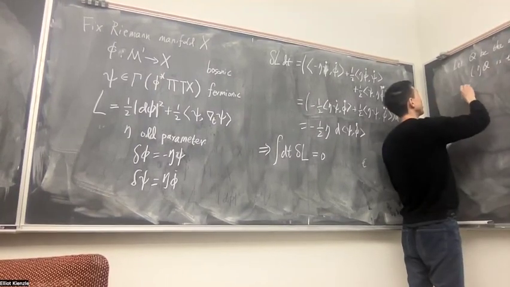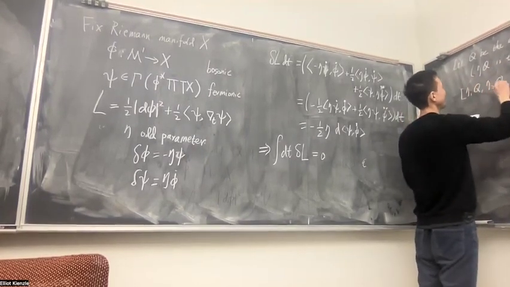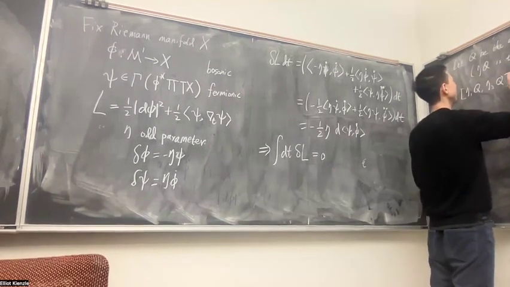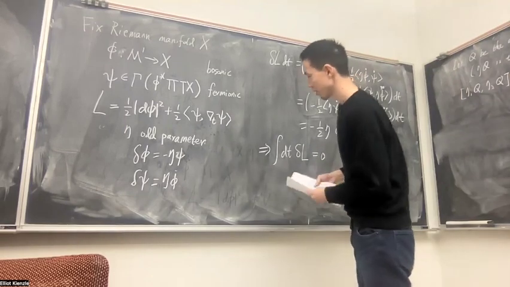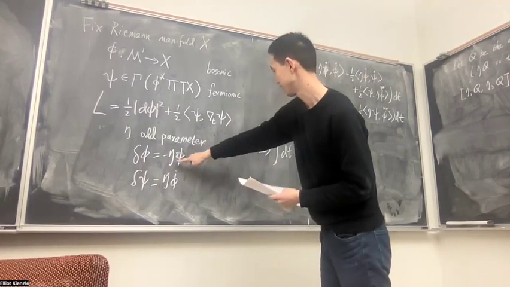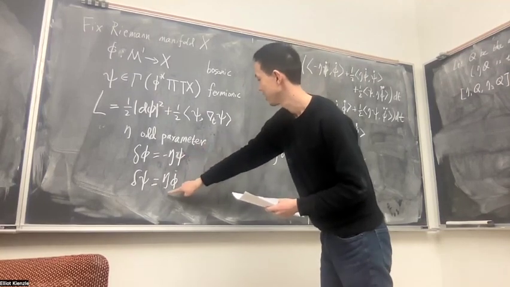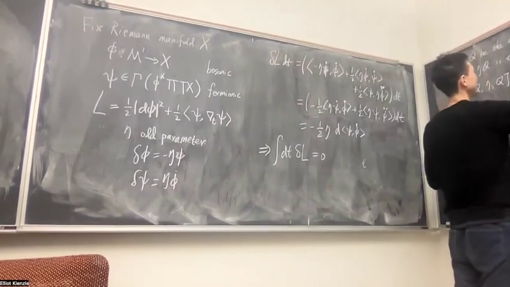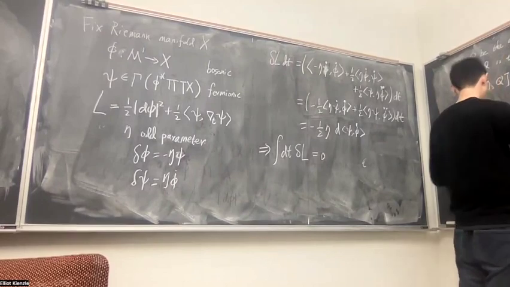If we have two odd parameters, eta 1 Q and eta 2 Q, and you act on phi, what will we get? We can do a quick calculation. If you act on phi, you get eta 1 times psi, and when you act on it again, you get eta 2 times phi dot. So what you finally get is minus eta 1, eta 2, phi dot.